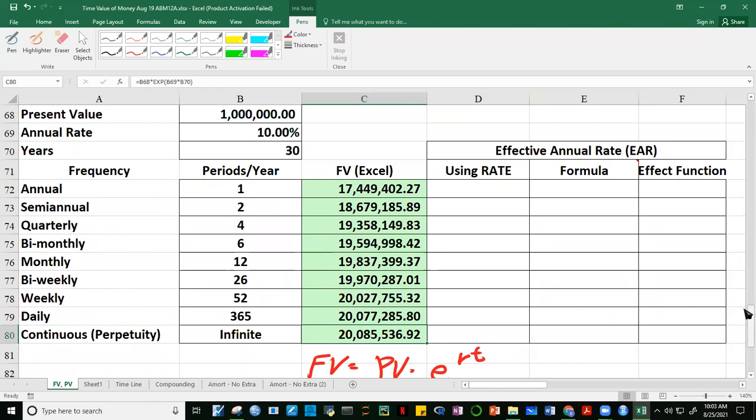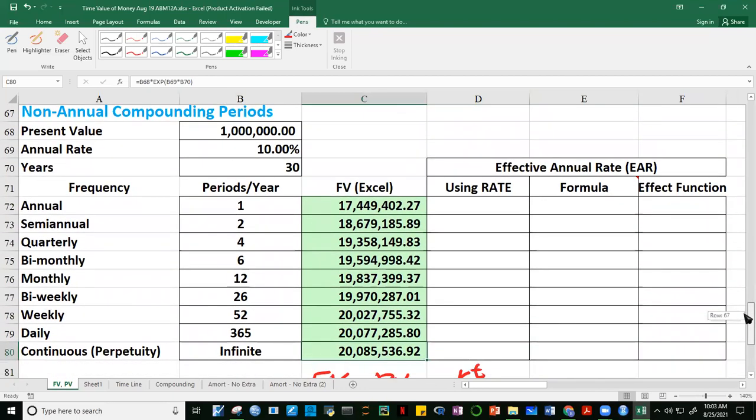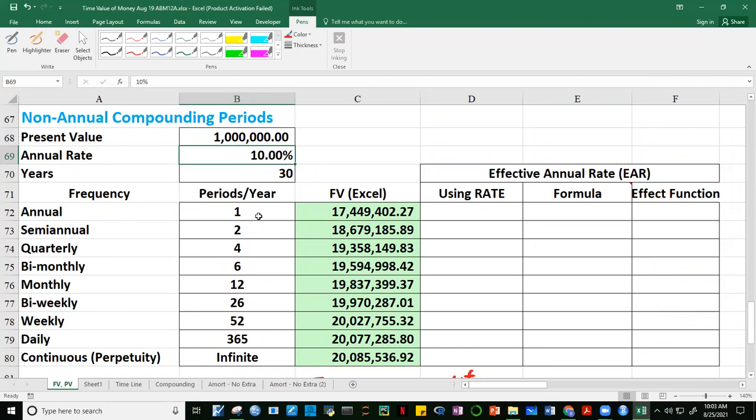All right. Now, therefore, masasabi natin guys na pag given yung annual rate 10%, yung rate na yung semi-annual, yung effective rate niya, we call it the effective annual rate, will not be the same. Kasi mas malaki yung future value, di ba?